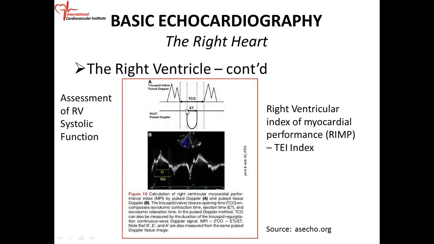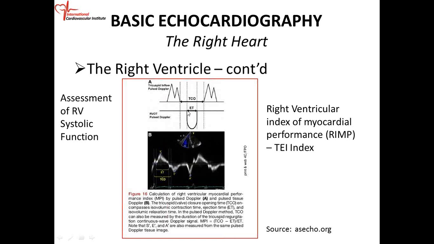If you subtract ejection time from tricuspid valve closure to tricuspid valve opening, you're going to be left with IVCT plus IVRT. So this TCO means tricuspid valve closure, tricuspid valve opening. This period includes IVCT, ejection time, IVRT.